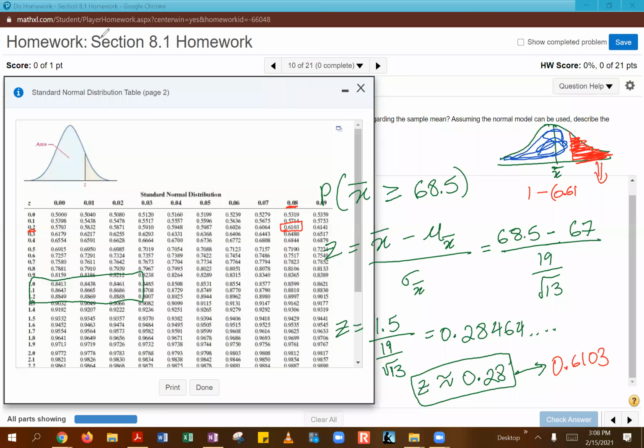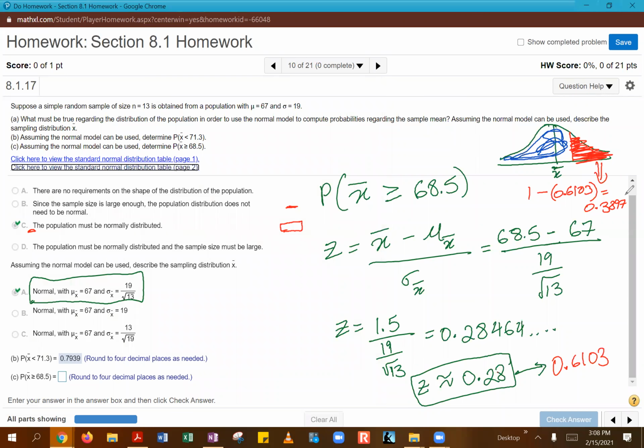So let's go ahead and do that very quickly. And this will come out to be 1 minus 0.6103. And of course, this will come out to be 0.3897. And that actually is going to be your answer for this part.